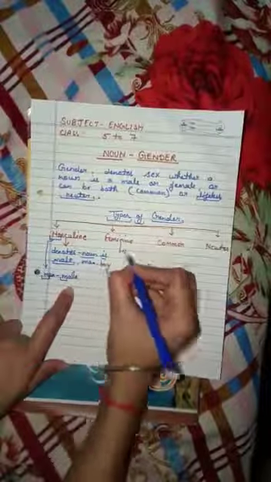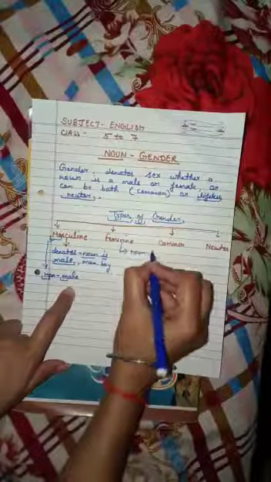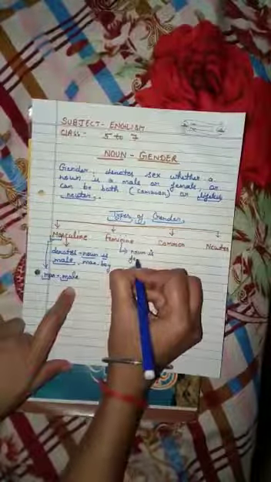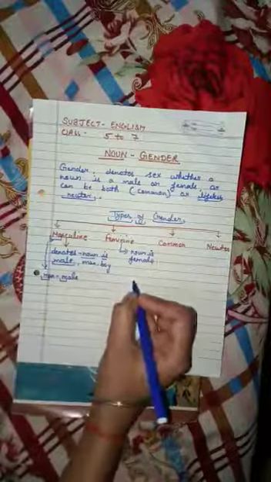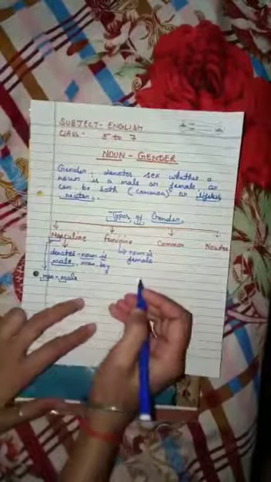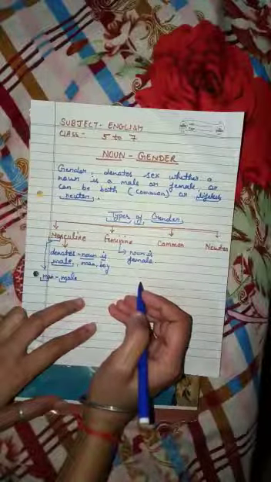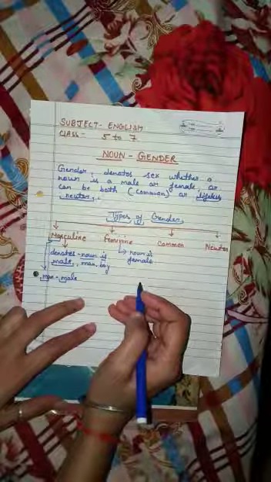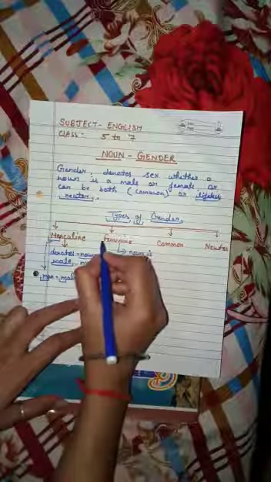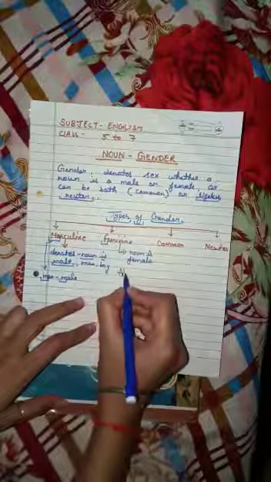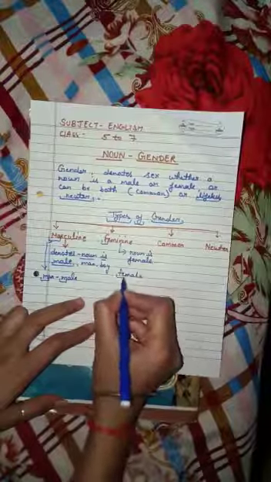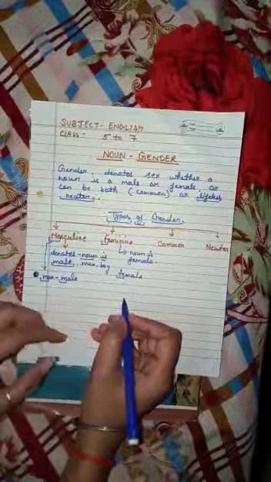And feminine denotes that the noun is related to female. We have to understand that f is for female, related to feminine or related to a girl. Now we have to move on. What is a common gender?